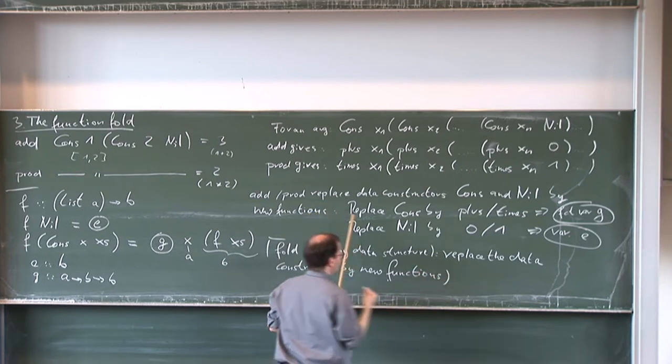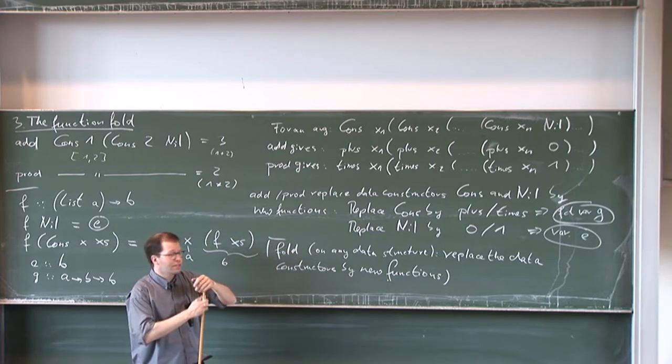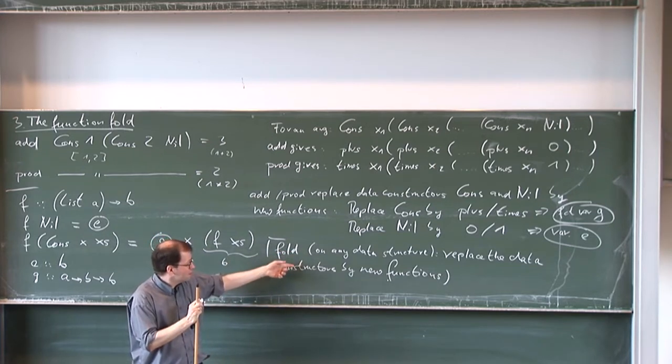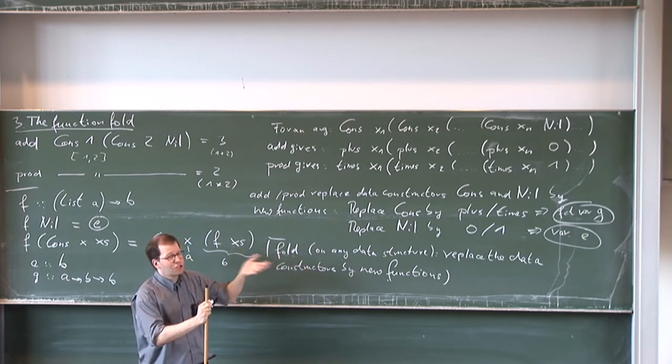So in other words, the number of arguments of fold is, for every data constructor, you have one argument, and then you have one additional argument which takes the whole object.